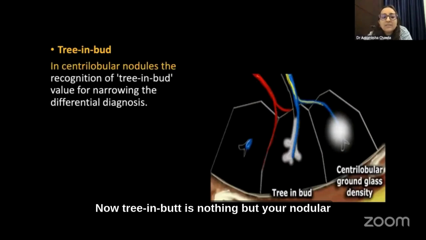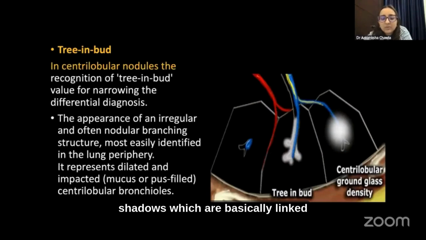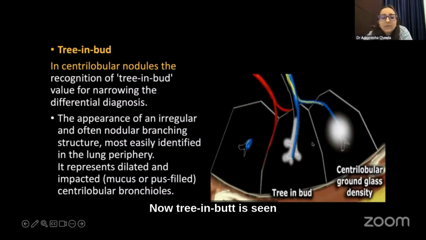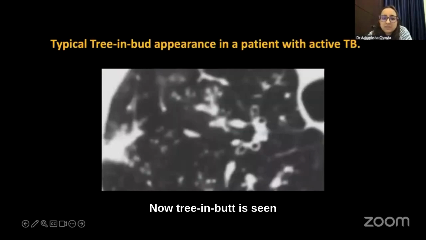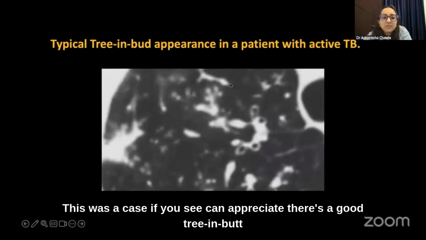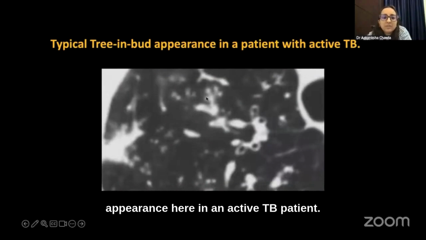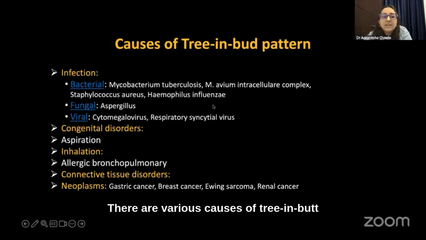Now, tree in bud is nothing but your nodular shadows, which are basically linked with your Y-shaped or V-shaped linear shadows, which represents basically your dilated, impacted centrilobular bronchioles, which is the tree in bud. Now, tree in bud is seen commonly in infections like TB. This was a case if you can appreciate, there's a good tree in bud appearance here in an active TB patient. There are various causes of tree in bud pattern.